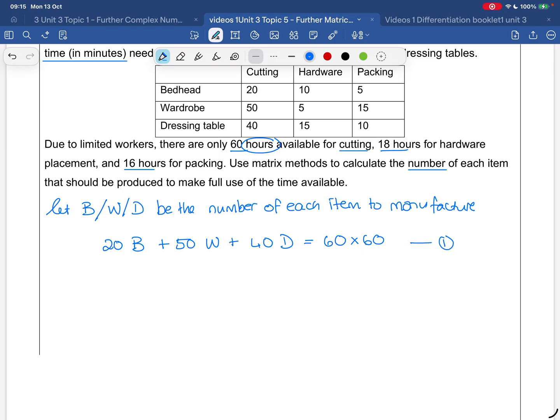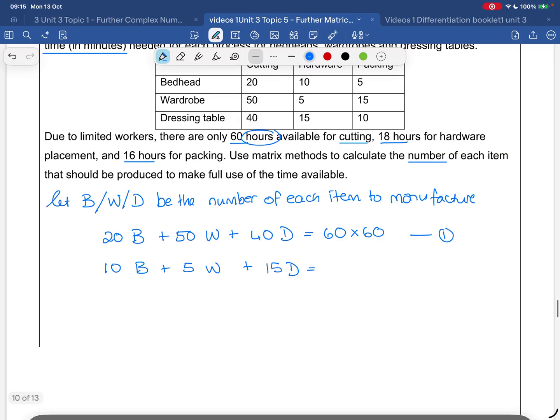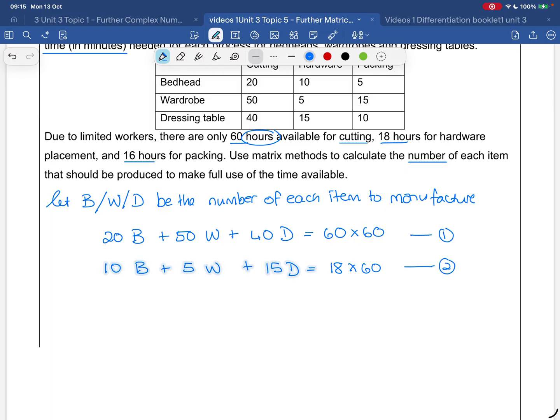Okay. My second one is for my hardware, so I have 10B plus 5W plus 15D, and there I have 18 hours times 60 minutes. And my third one is 5B plus 15W plus 10D, and that is 16 times 60 minutes.